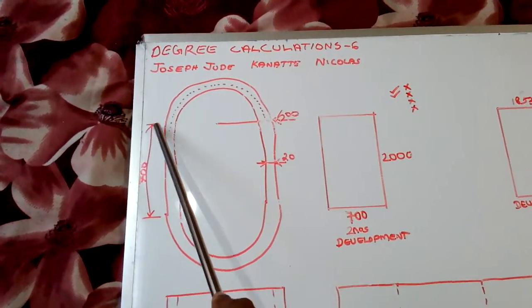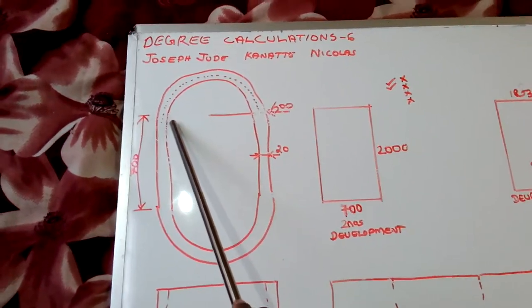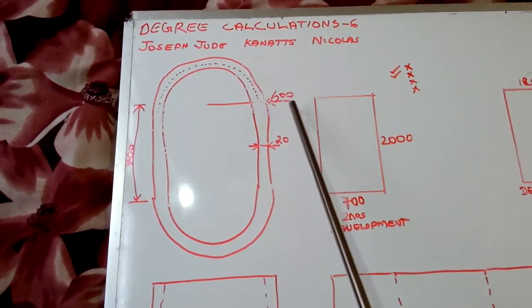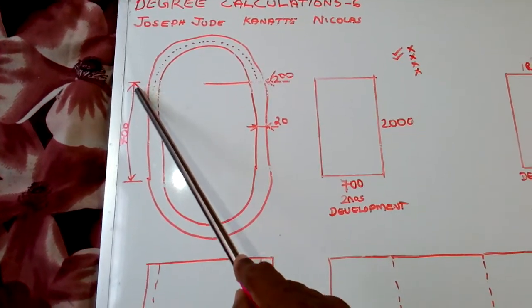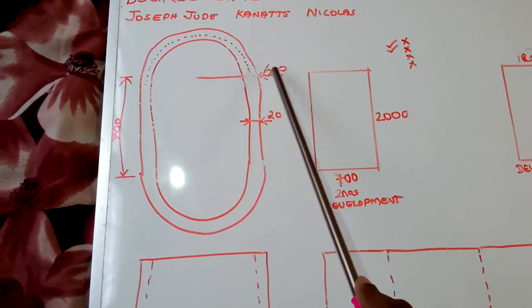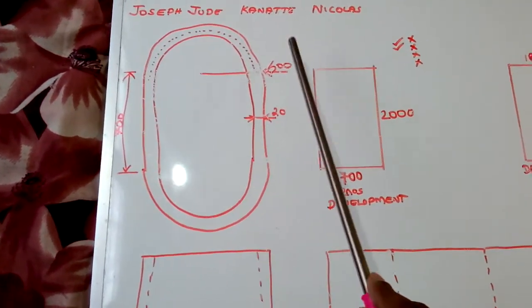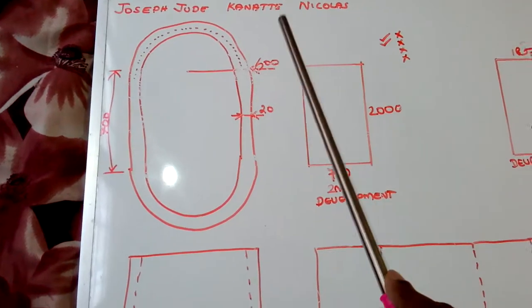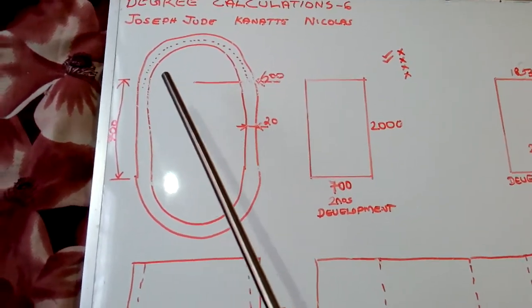From here to here is 600, and another 600 comes from here to here, so the total length is 1200. From this 1200, if we decrease 20 here and 20 here, we get the minor diameter.